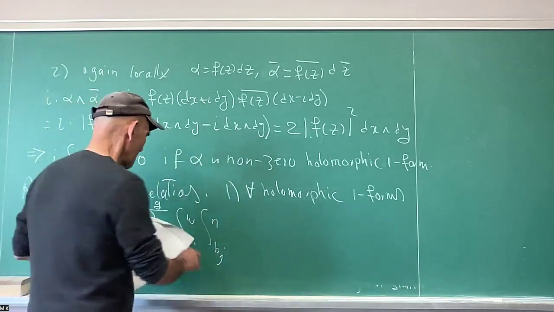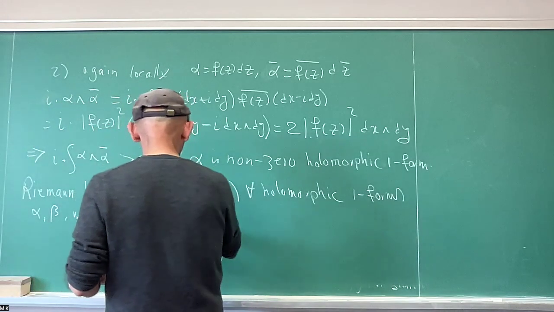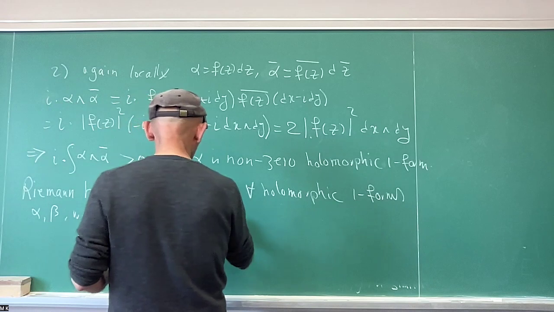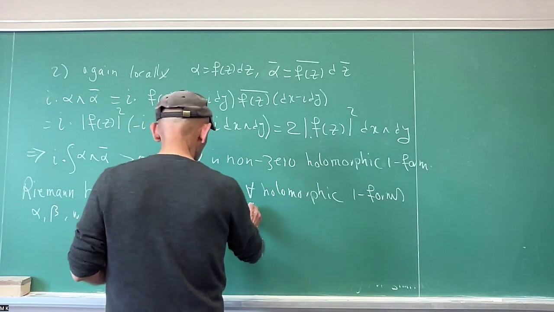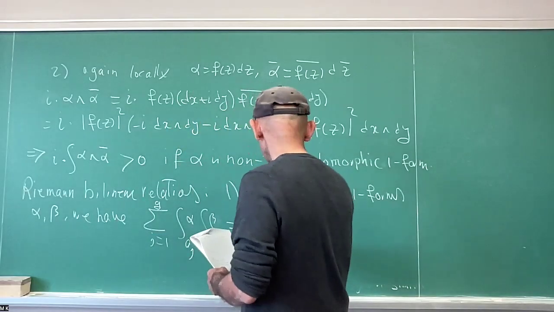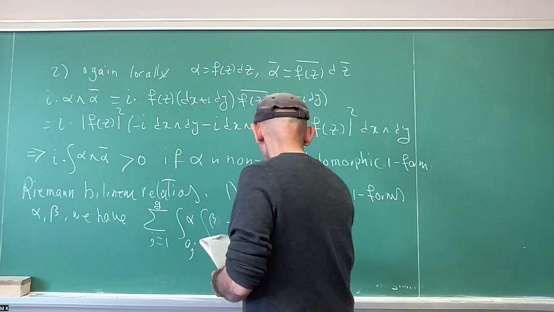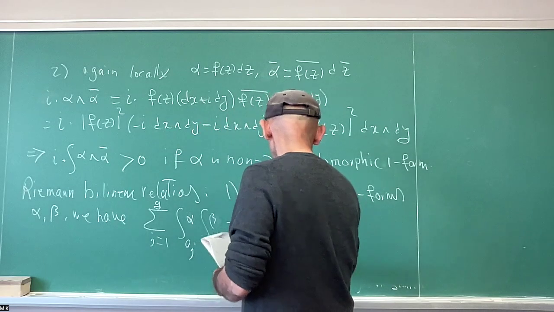So alpha over a_j, beta over b_j is equal to, you just change the order, the sum over j from 1 to g of the integral of beta over a_j times the integral of alpha over b_j.